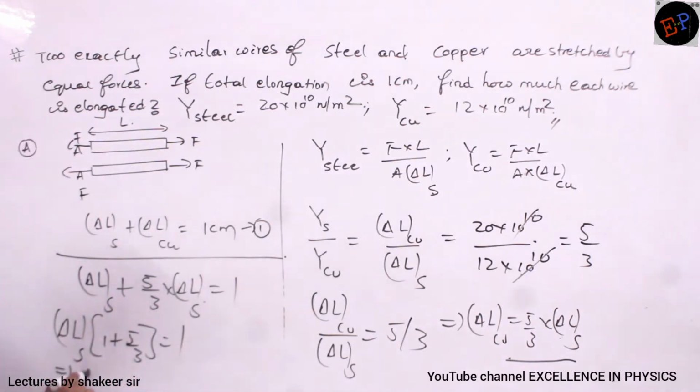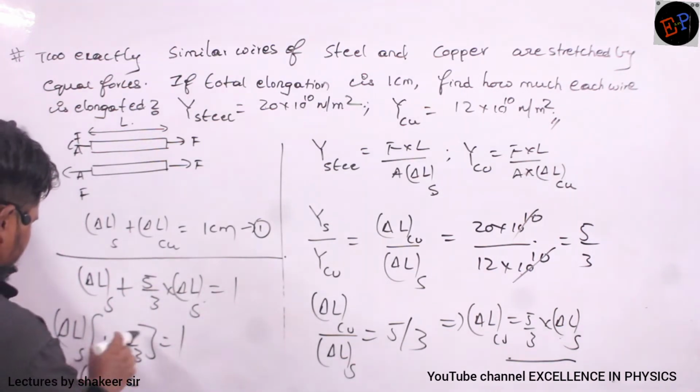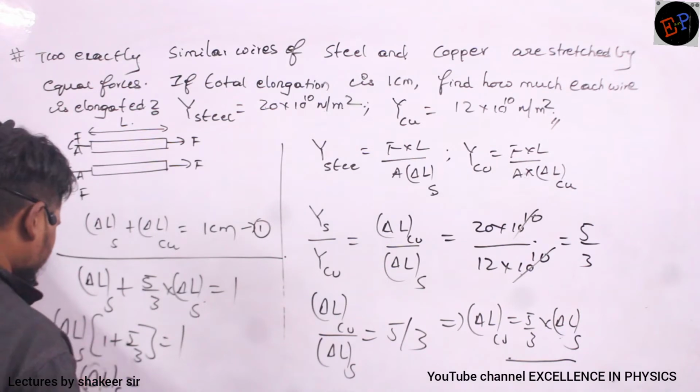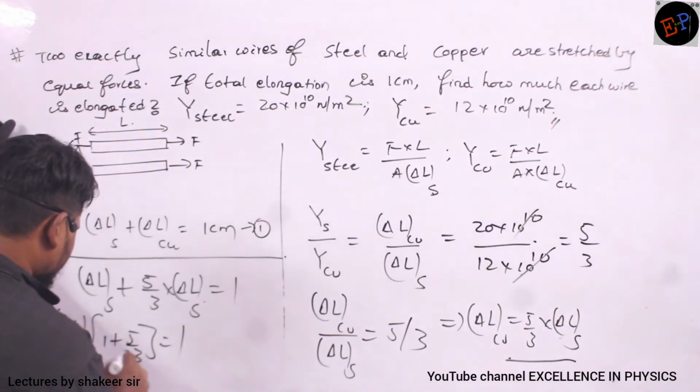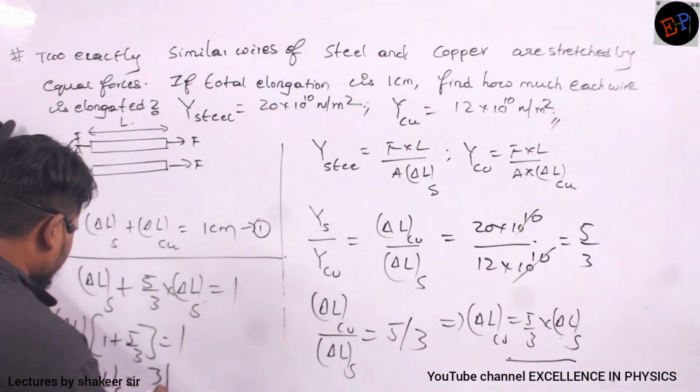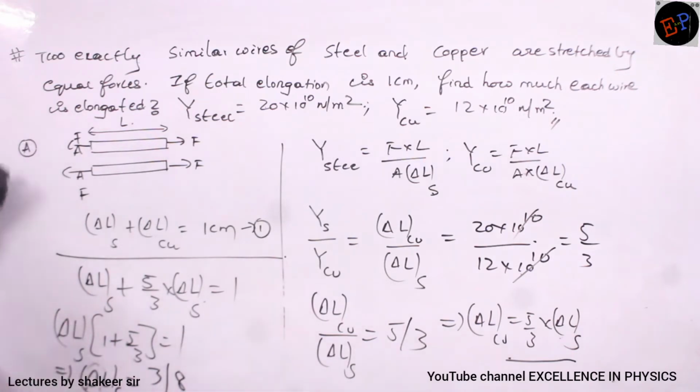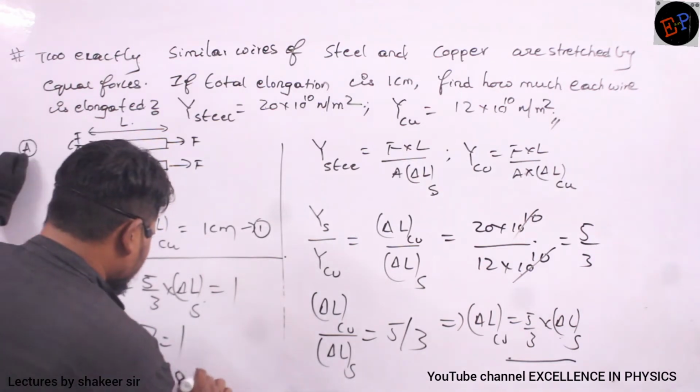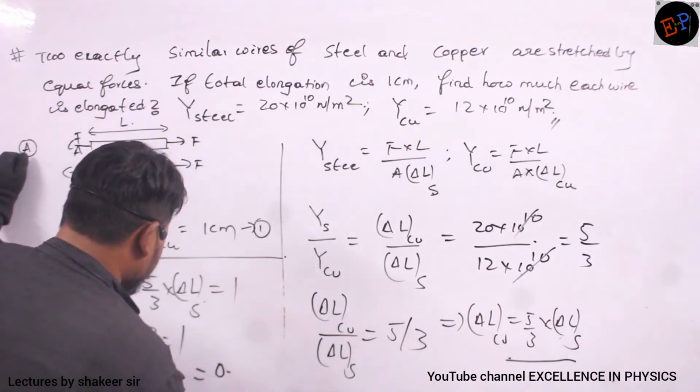So therefore delta L steel is how much? 3 plus 5, 8 by 3, so delta L steel is 3 by 8. 3 by 8 is approximately 0.375.